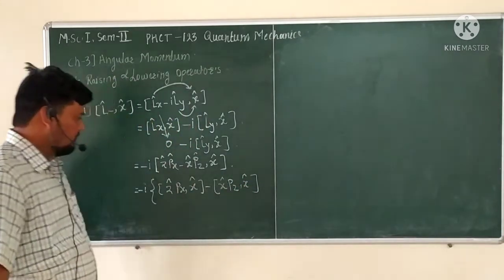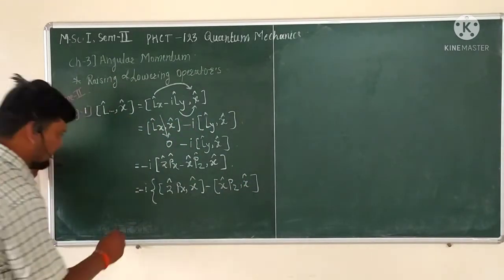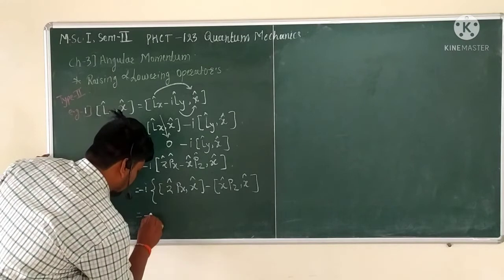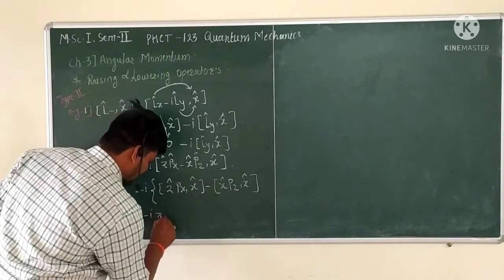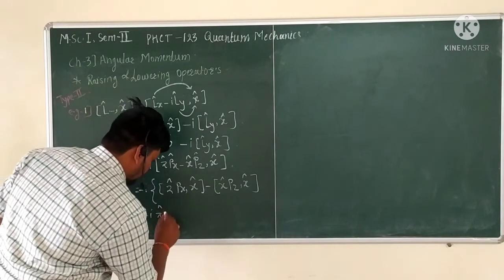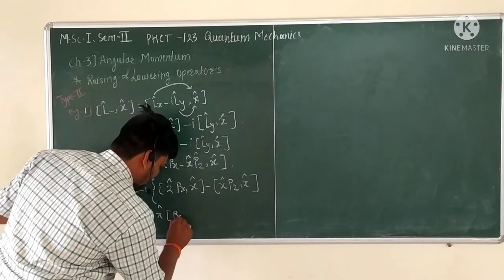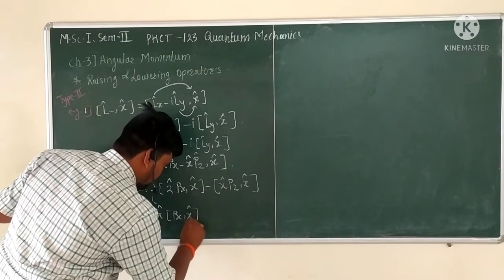Solving this commutator bracket, minus I is taken outside, and z cap is also taken outside, leaving px comma x cap.